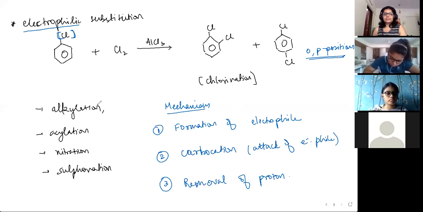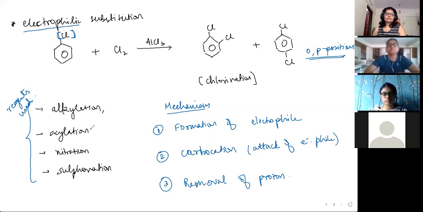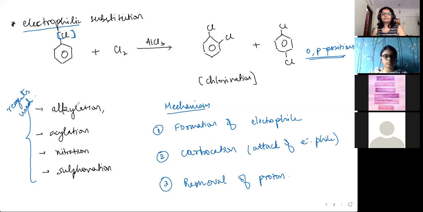The only difference between all of these different types of reactions is the reagents that you use. So you need to use the right reagent so that you get your preferred electrophile. Okay. So Dhriti, Ansh, you guys remember, for alkylation, acylation, what do you use?